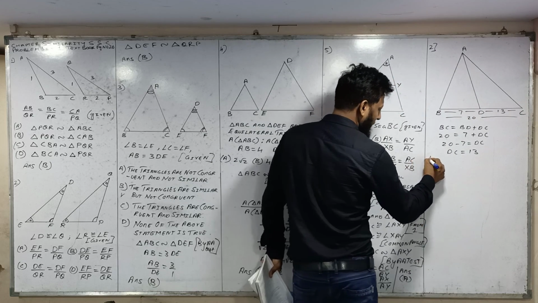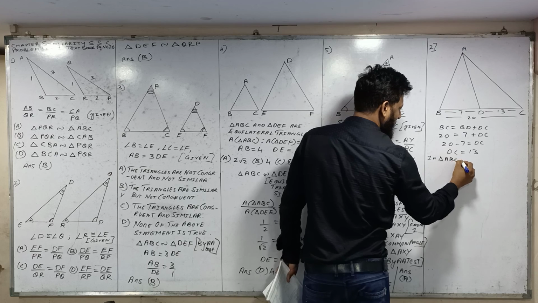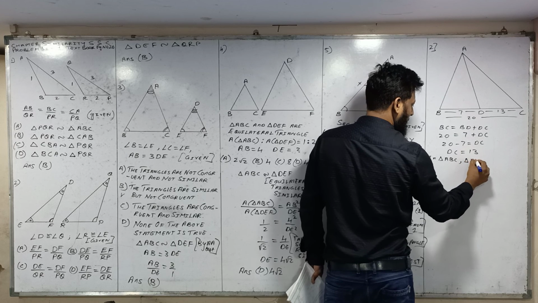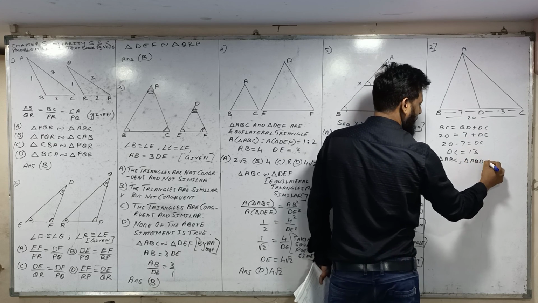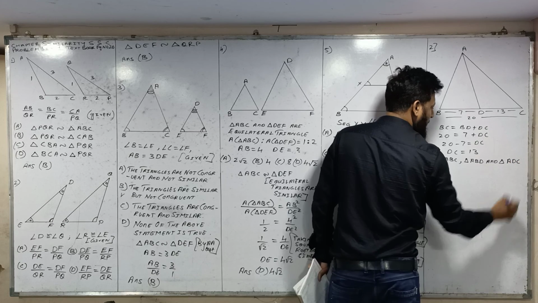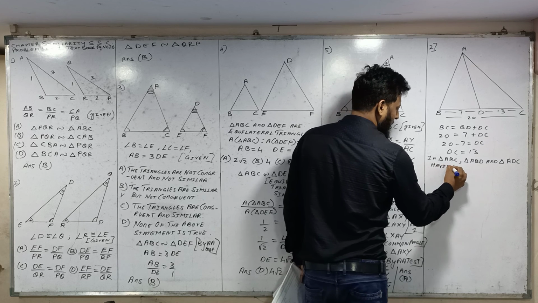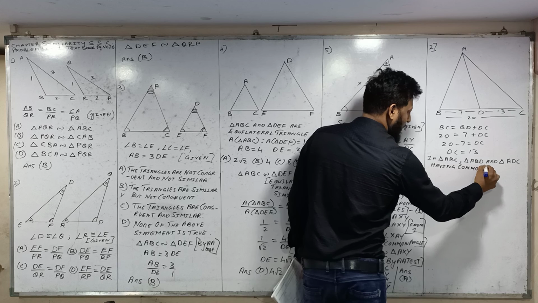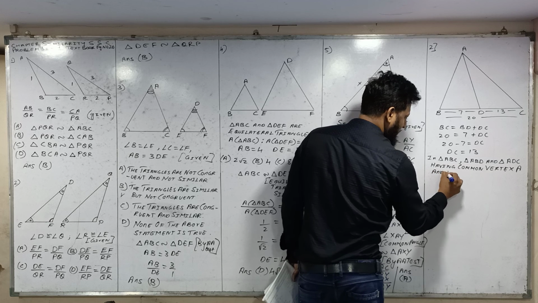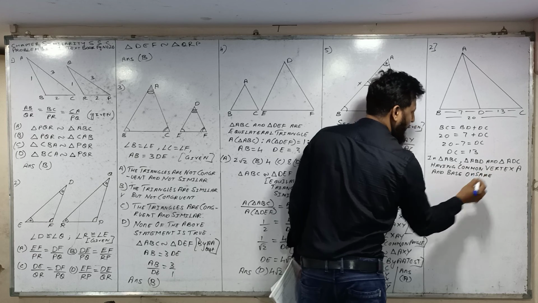So in triangle ABC, and now triangle ABD, and triangle ADC, all these triangles have a common vertex A and the base on the same line opposite the vertex.